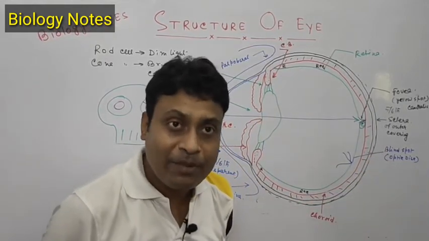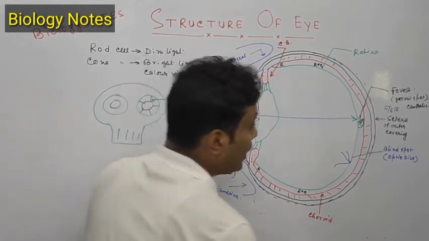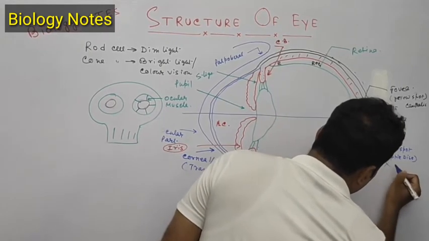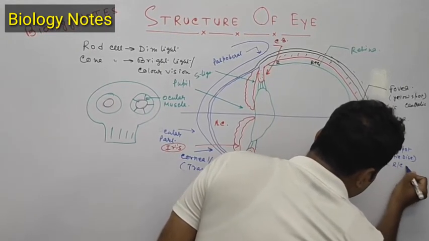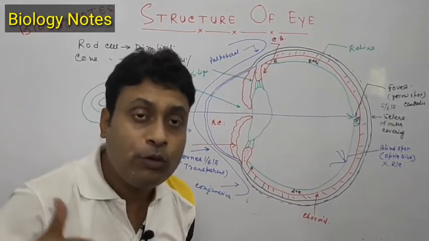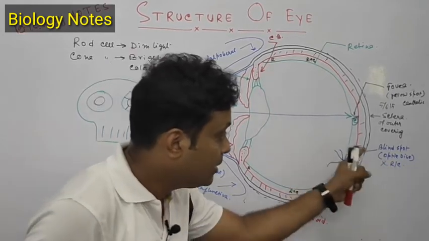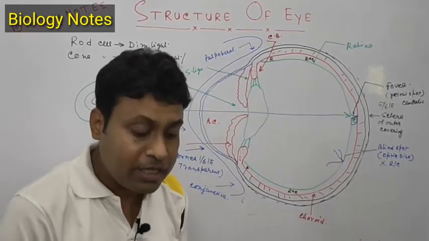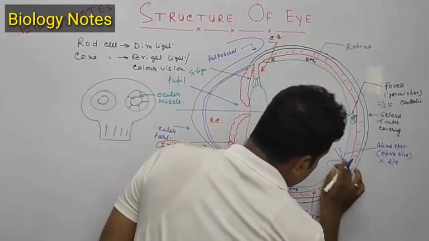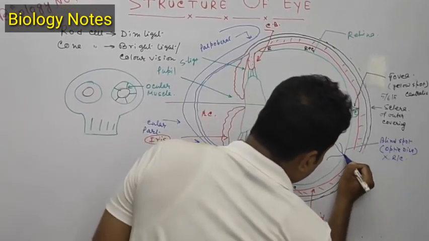This is known as blind spot because in this region no rod and cone cells are present. Since rod and cone cells are absent in this portion, no image is formed in this region. Actually, the optic nerve is not covered by any covering.